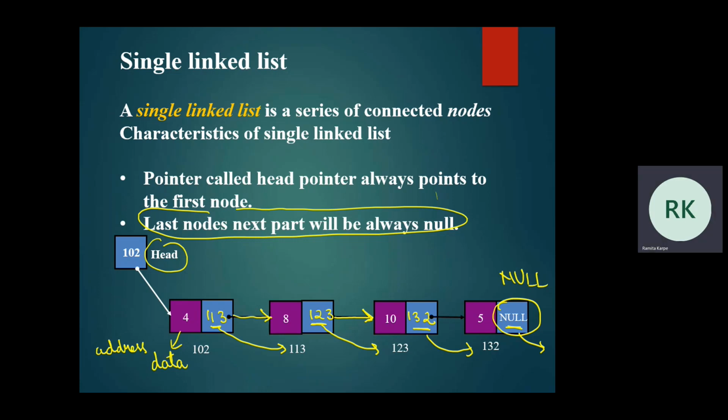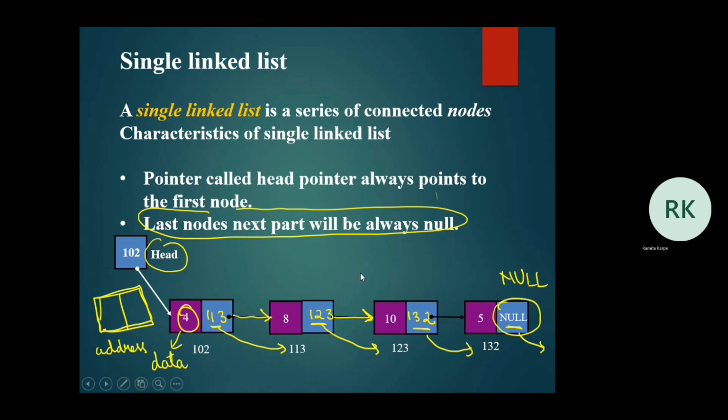Now we'll see how to insert a node at the beginning of a singly linked list. So this is the linked list, right? Now I need to insert one more node over here. Okay, so before this node 4, I need to insert another node, so that the newly created node becomes the first node.